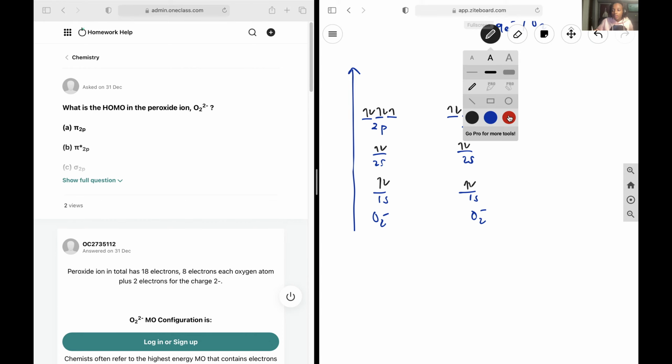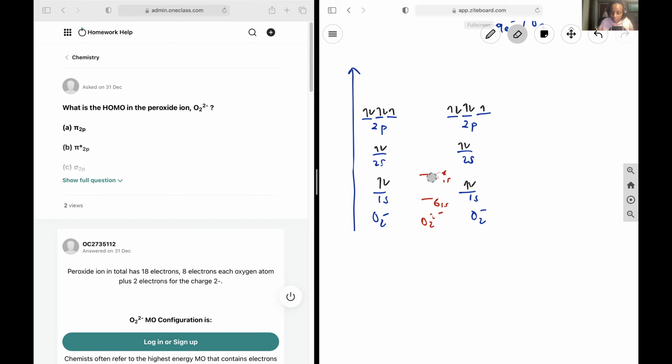Okay, and then next up we want to form the molecular orbitals right here. So we're going to have a sigma 1s, antibonding sigma 1s, sigma 2s. Let's just move these a bit lower.